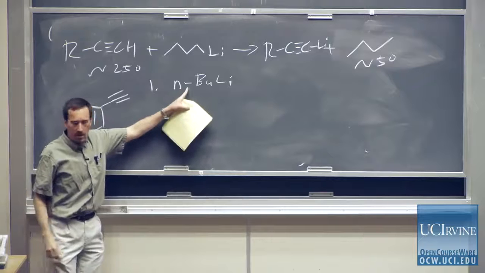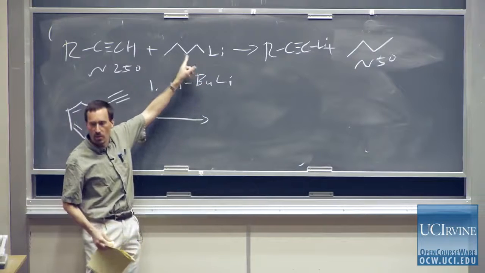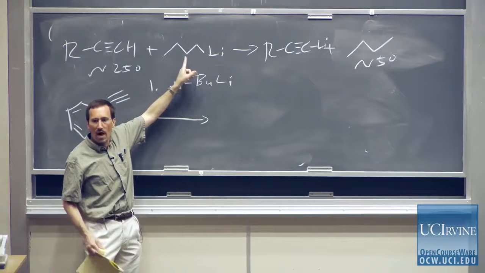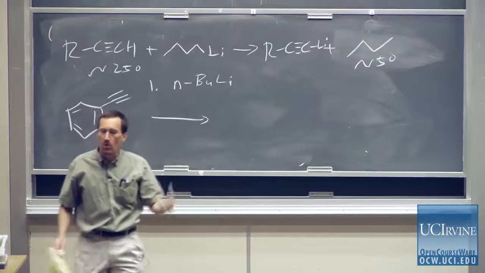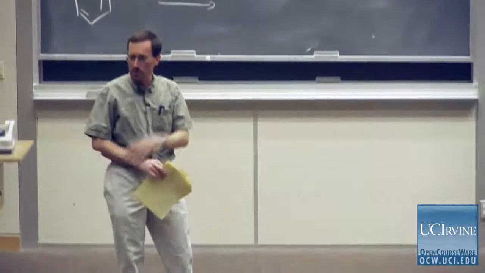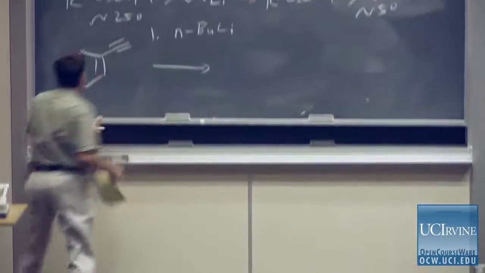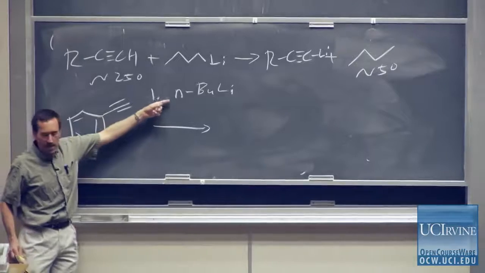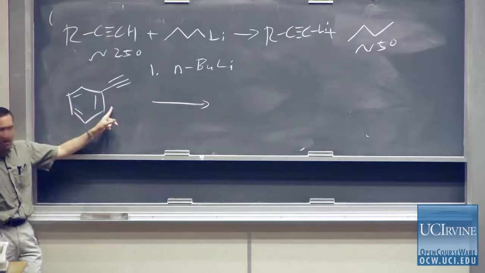N means normal, which is just a fancy way of saying it's the regular 1-butyl lithium, rather than, say, the lithium being at the 2 position of butane, which is called sec-butyl lithium, or being on a tertiary butyl group, which is called tert-butyl lithium and is a stronger base. Anyway, let's envision using the common reagent N-butyl lithium, treating our phenylacetylene with it.